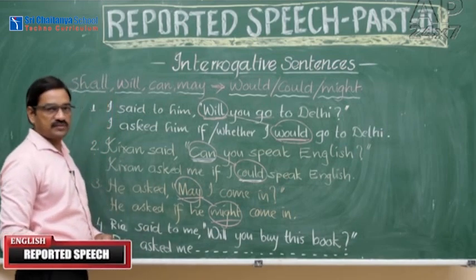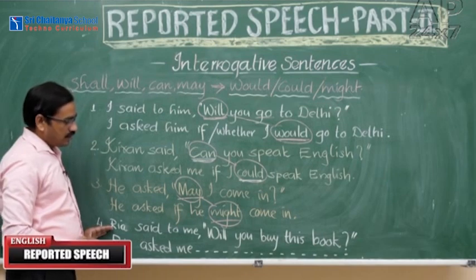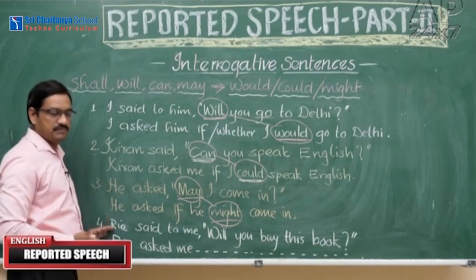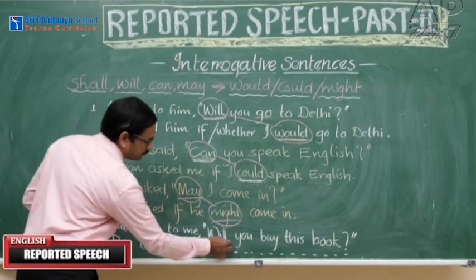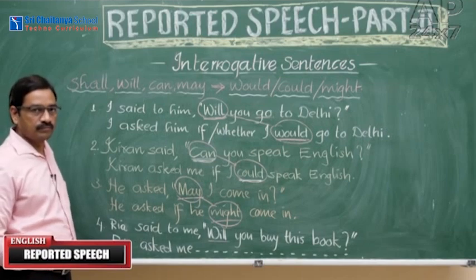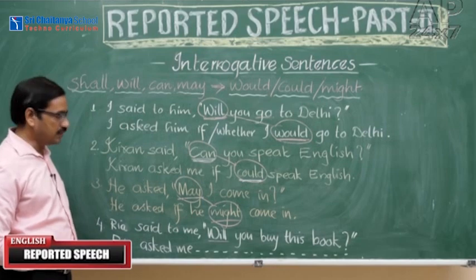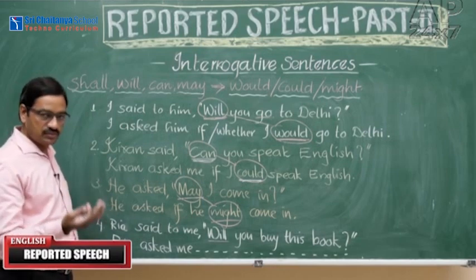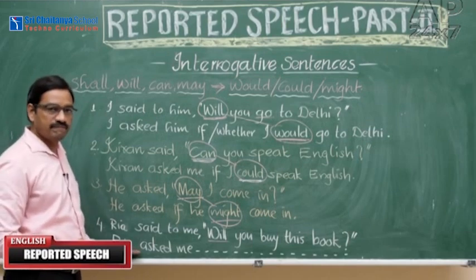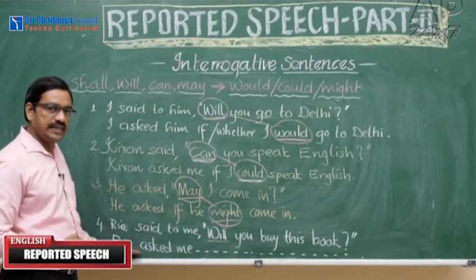Let me give you an exercise. Please try to answer. Priya said to me, "Will you buy this book?" Please convert this one into indirect speech. You can try to give me the answer. If or whether. Will is to be changed into would. So Riya asked me if I would buy that book.